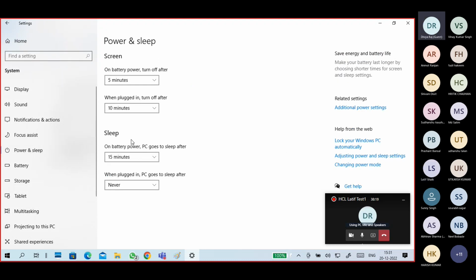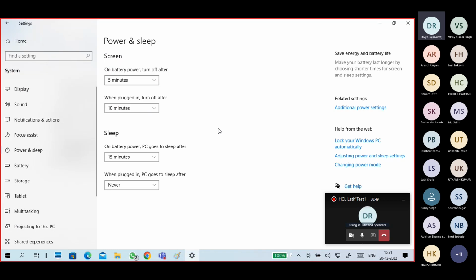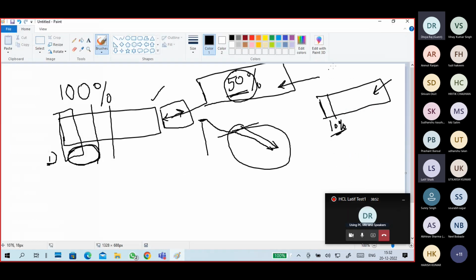Screen time and sleep time are also there, for when you are connected to power and when you are running on battery. There are also additional power settings: balanced, power saver, and high performance. Three are actually there, but the remaining two are hidden automatically. I am on balanced. Balanced is better compared to the others.